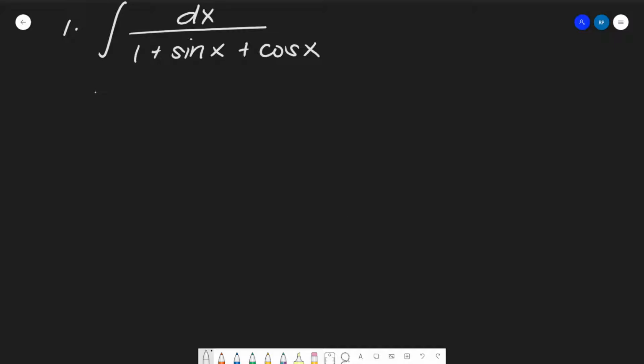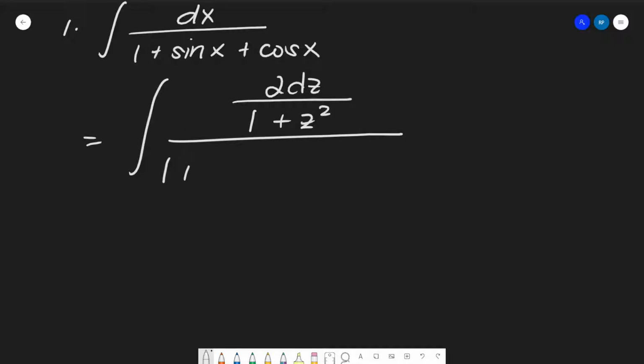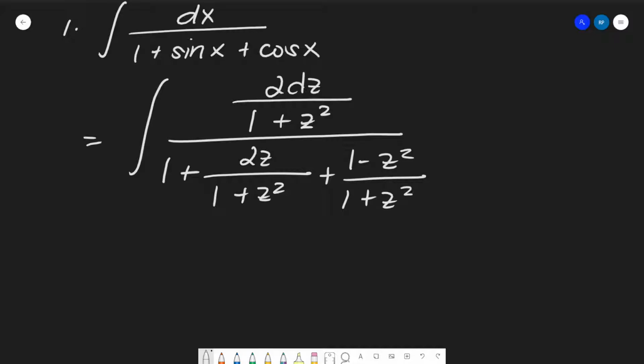So let's substitute. For dx, we know this is equivalent to 2dz over 1 plus z squared, over 1 plus 2z over 1 plus z squared plus 1 minus z squared over 1 plus z squared.